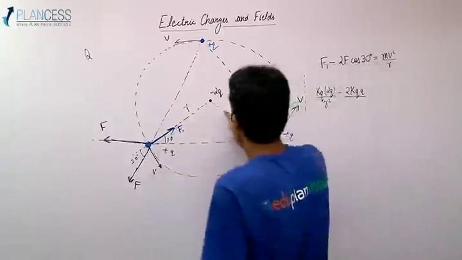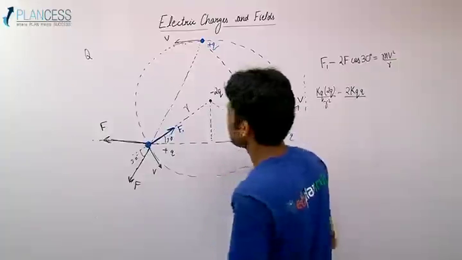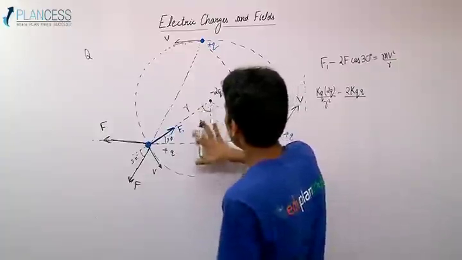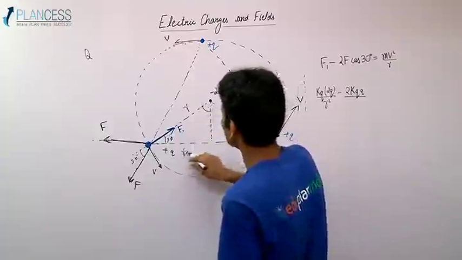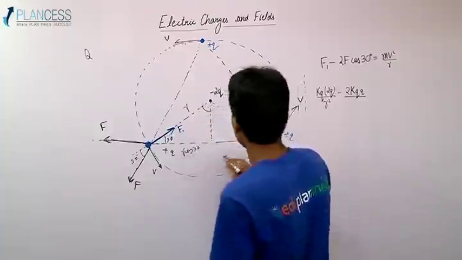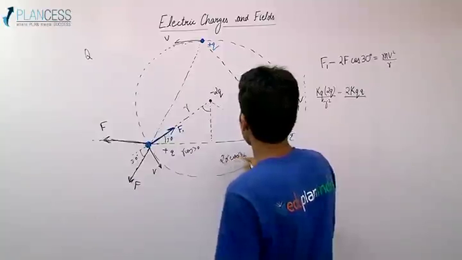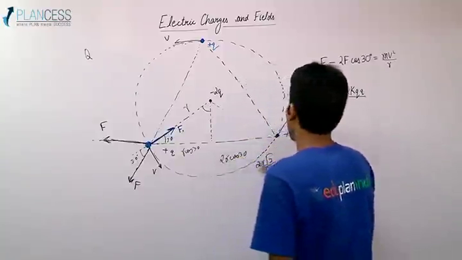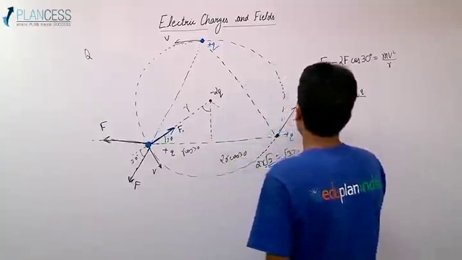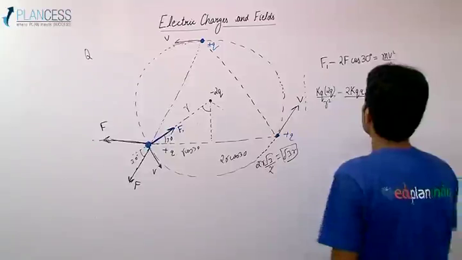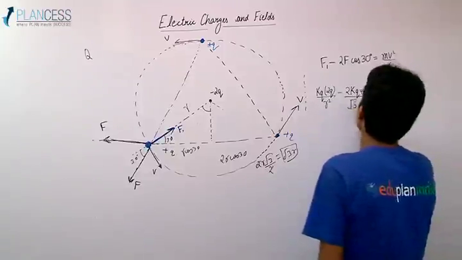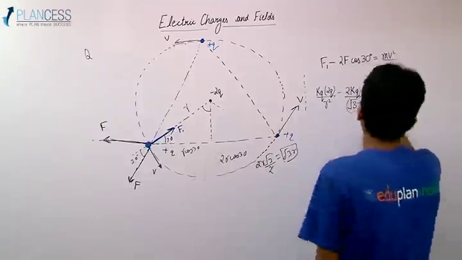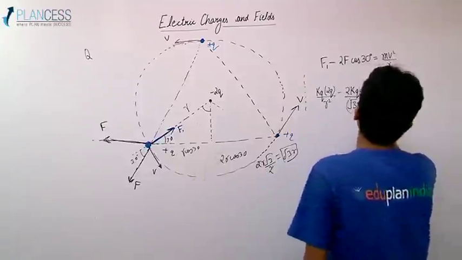Since this is r, and this is 60 degree, this is r cos 30, so the side would be 2r cos 30, which is equal to 2r root 3 by 2, which is root 3r. So the denominator here would be root 3r whole square into cos 30, which would be root 3 by 2.